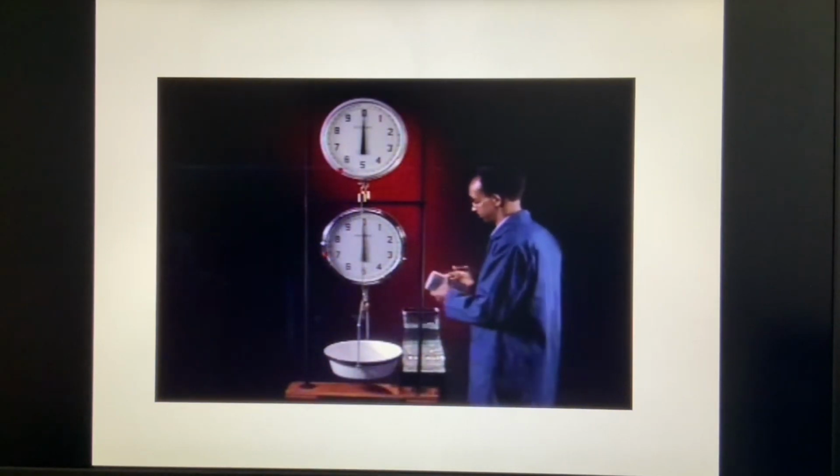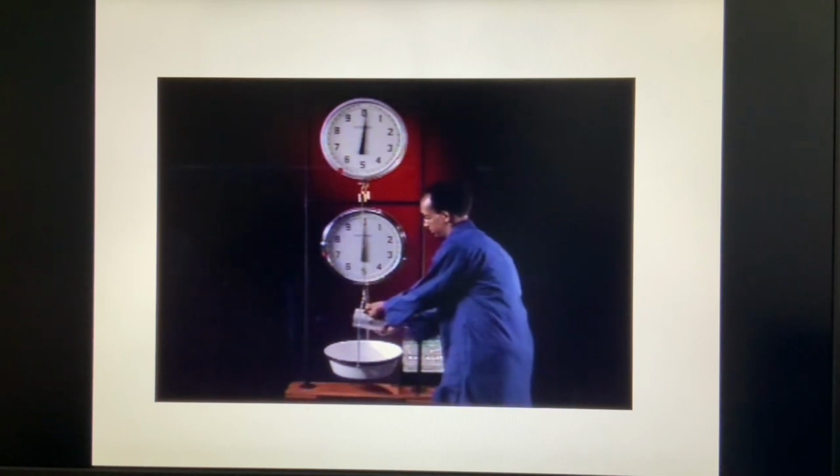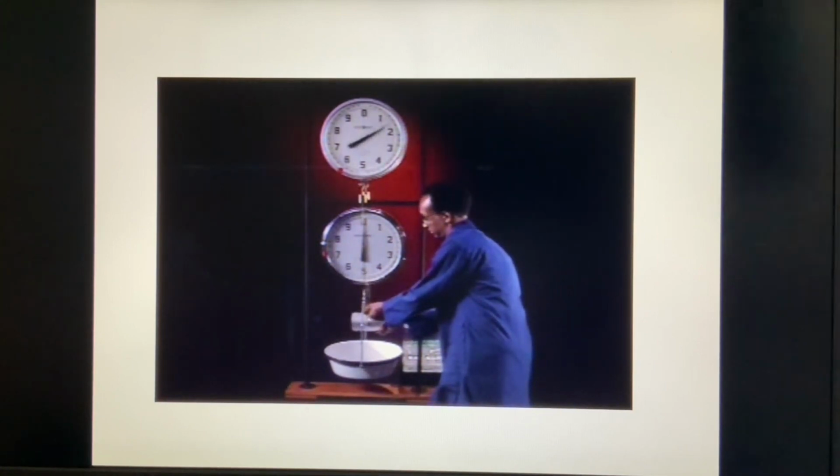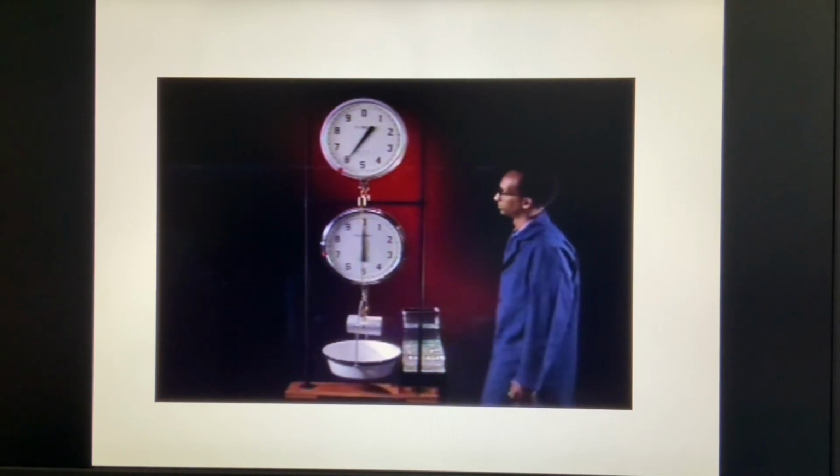Why do objects seem lighter when they are put underwater? We'll use this pair of kitchen scales in a frame to find out. The upper scale shows the weight of this aluminum cylinder.